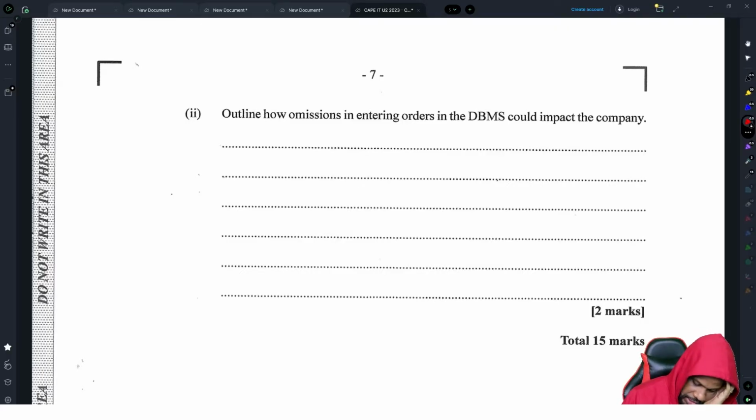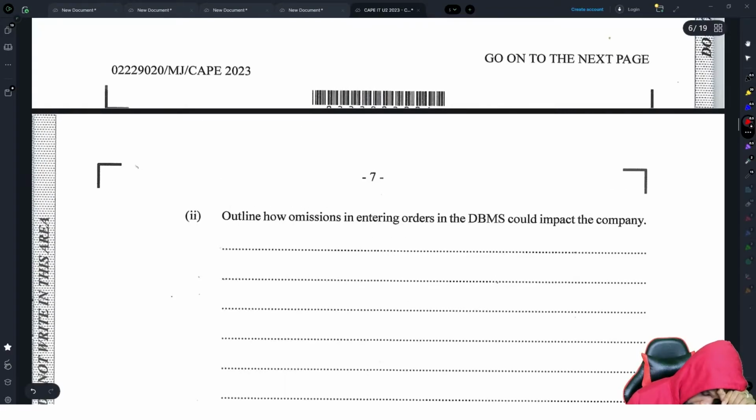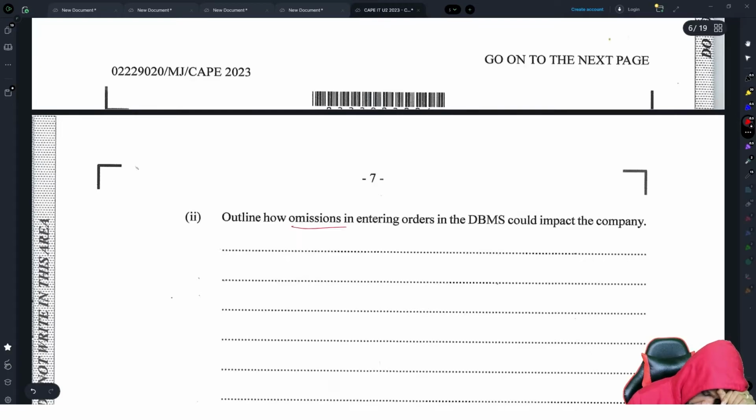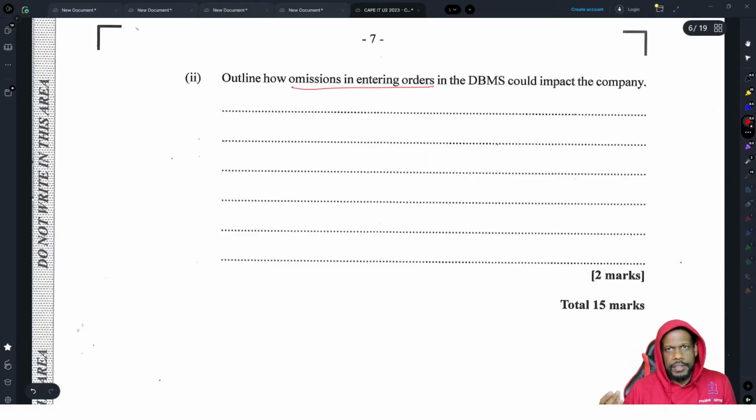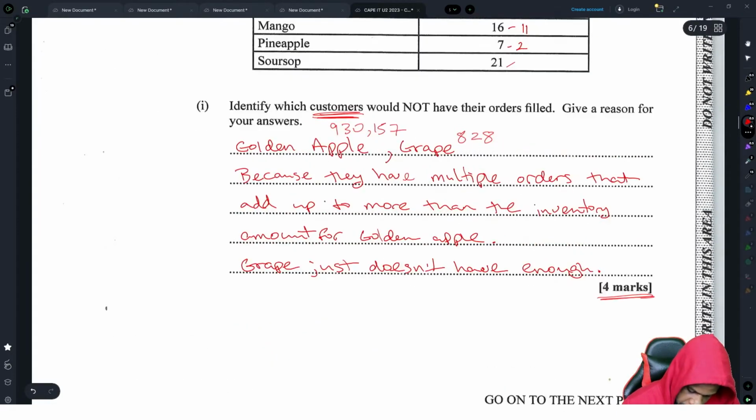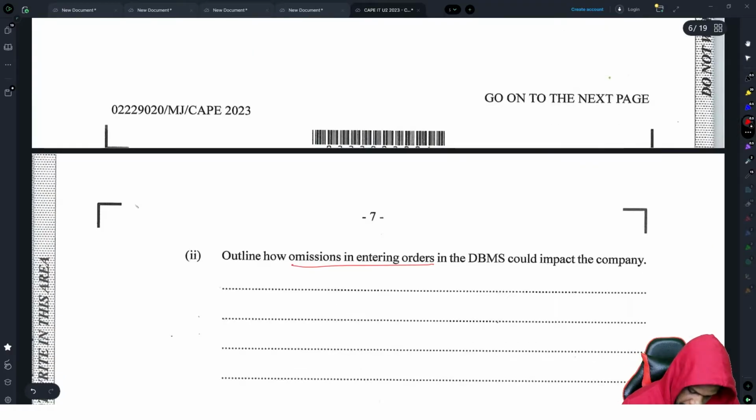Outline how omissions in entering orders in the DBMS could impact the company. Oh, okay. They're basically trying to ask what happens if they make a mistake entering data in the database. Omissions in entering orders.